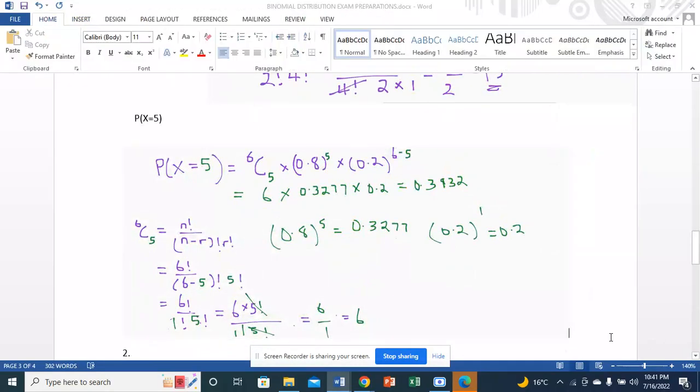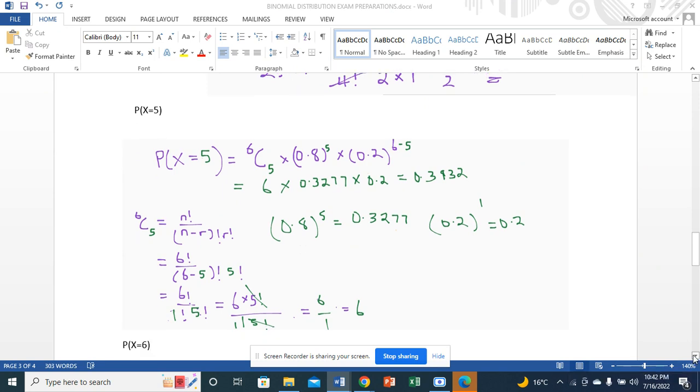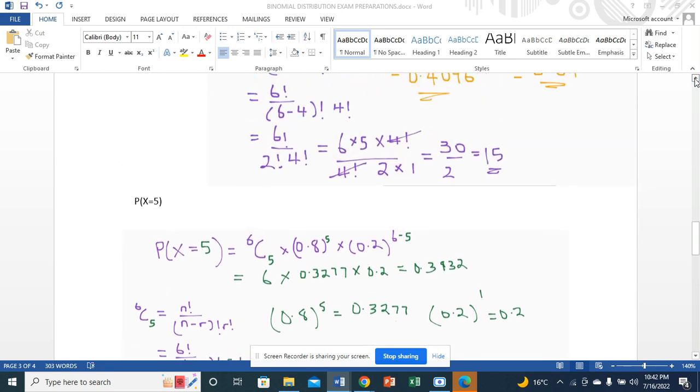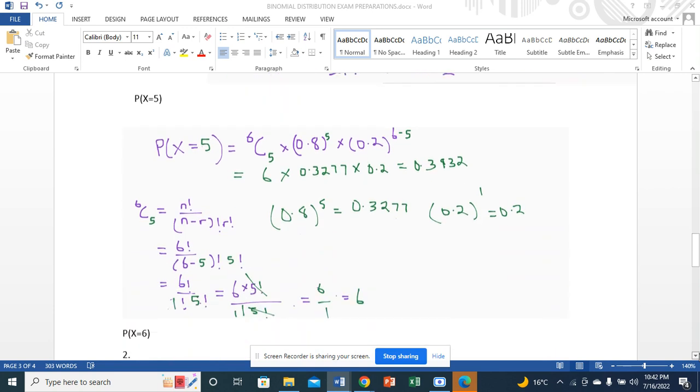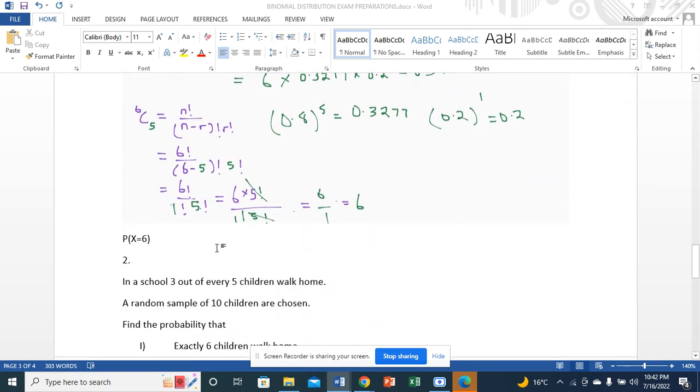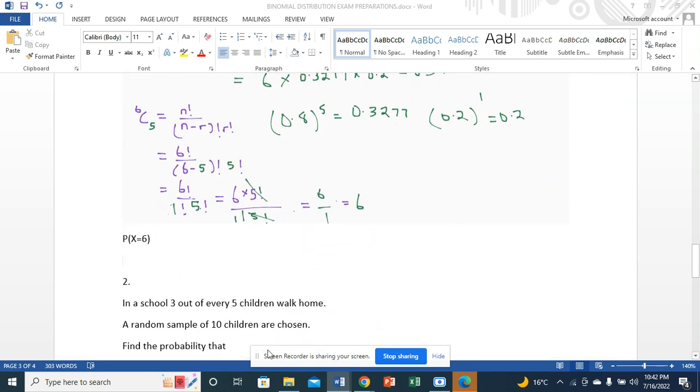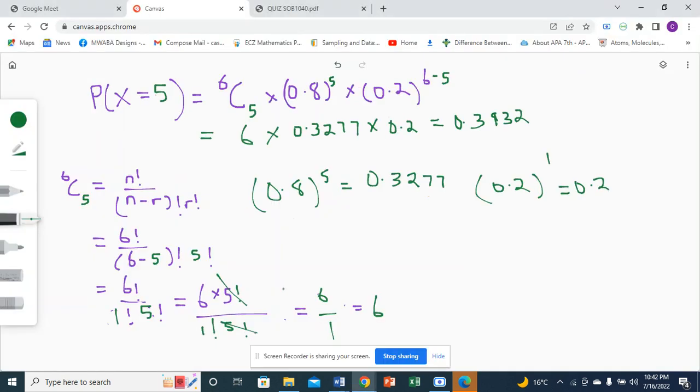All right, then finally we go to P, the probability that 6 marketing strategies are effective. X equals 6. All right. Back to the board.